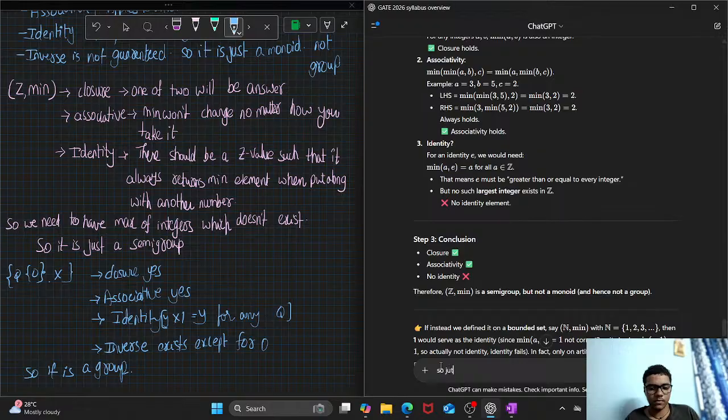So just a speculation, you cannot say whole numbers are a group, right? Let's say whole numbers under multiplication. Yeah, they are closed, and they are associative. The identity element is 1, but the inverse doesn't exist because the whole numbers include 0.